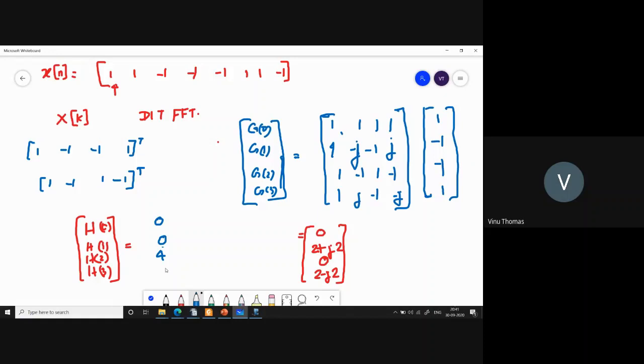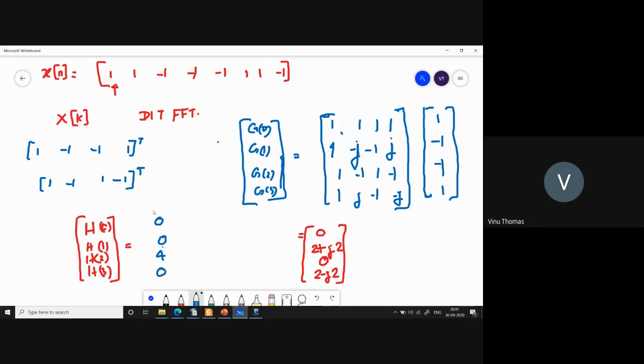H of 2 would be the sum of all the values: 1 into 1 plus 1 into minus 1 into minus 1, and the last one would be 0. So again, you see that if you have this value, you have its conjugate here. Since this is real, you have its conjugate, which is also real. So that's one easy way to write it. You need to calculate up to this, then you can write the remaining values.